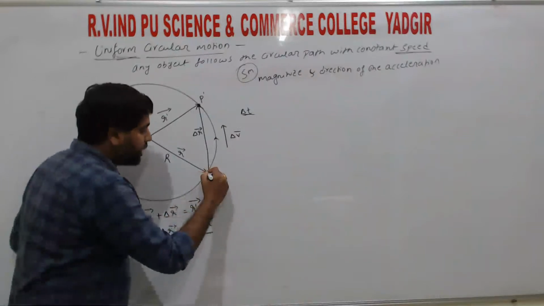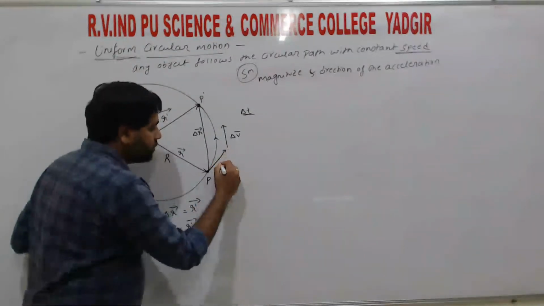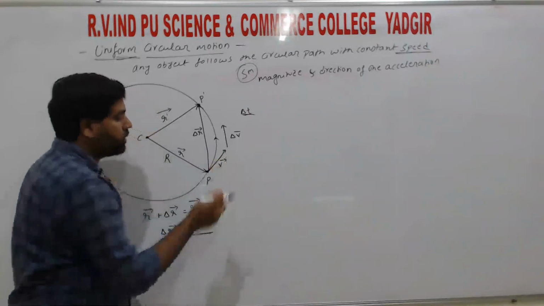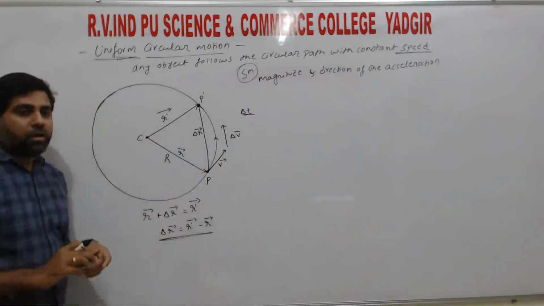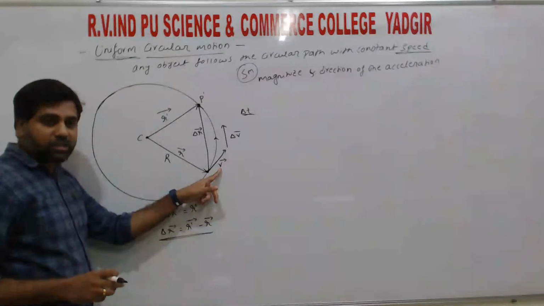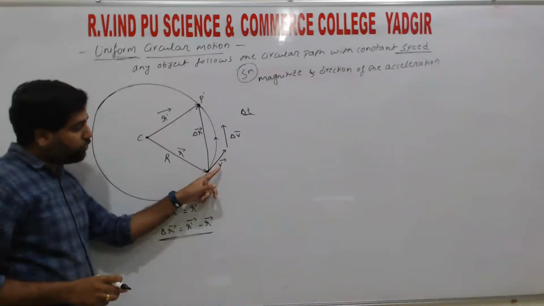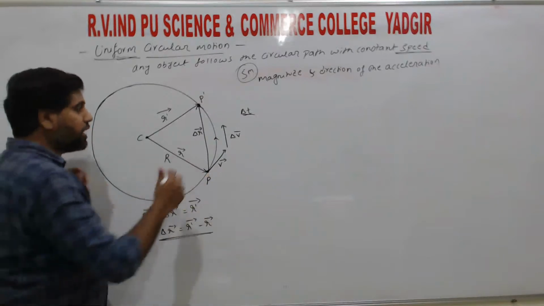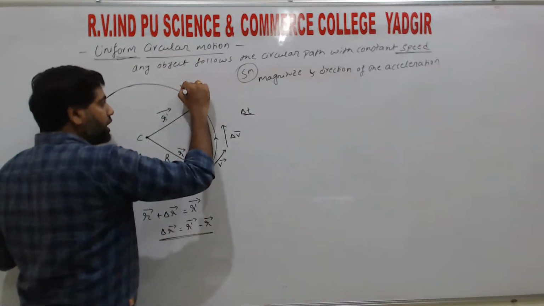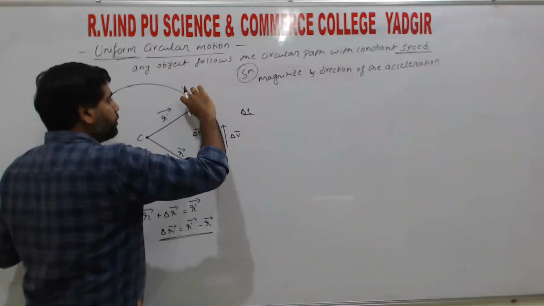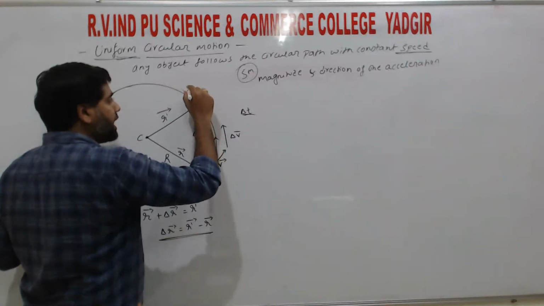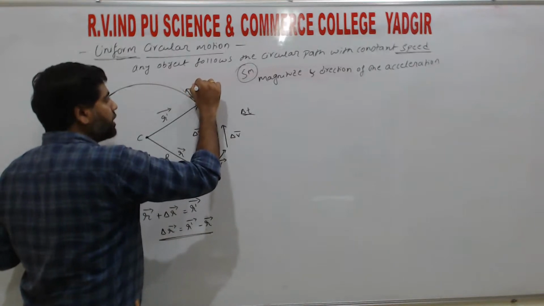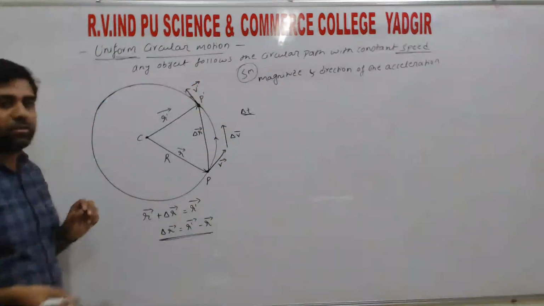At P, if I draw the tangent, this gives vector V, which has the same magnitude but the direction changes. V is the instantaneous velocity at point P. Similarly, drawing the tangent at P dash gives vector V dash.